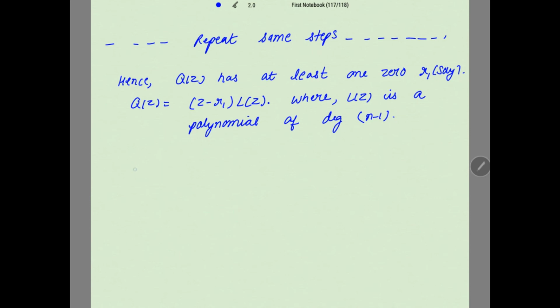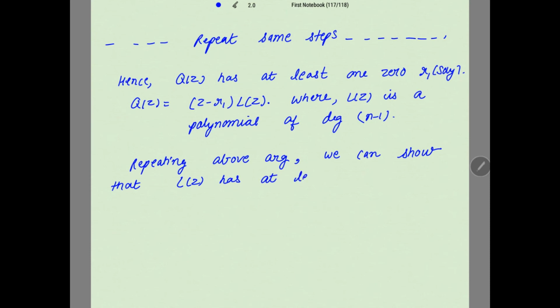Repeating the above steps, we can show that L(z) has at least one zero r2, right? So this process can be repeated n times to obtain n zeros of the polynomial Q(z).